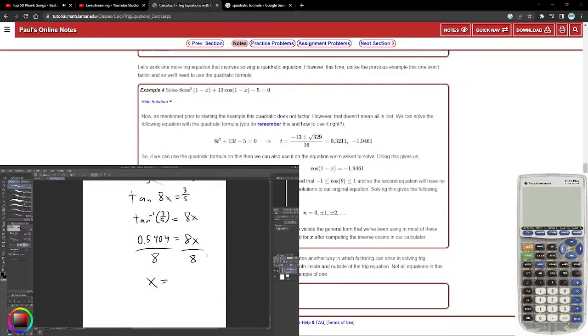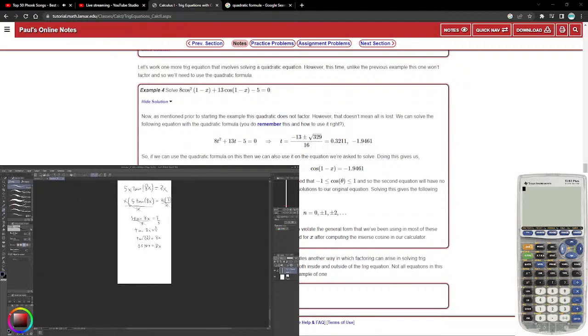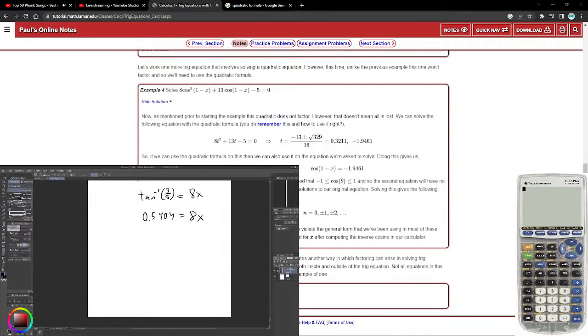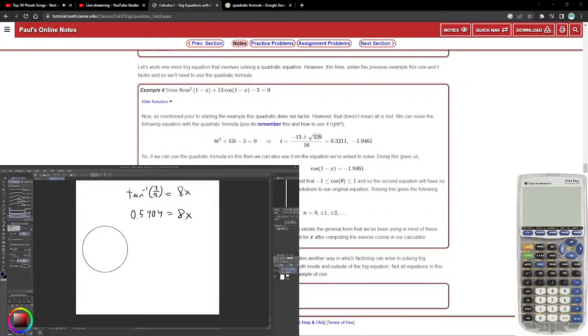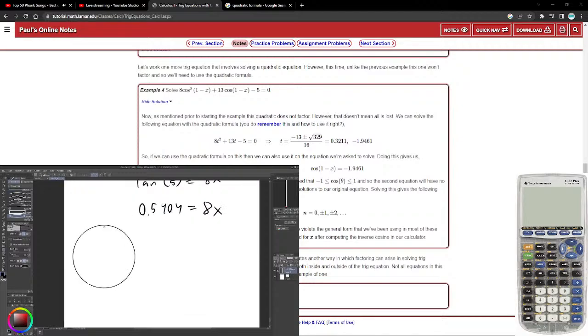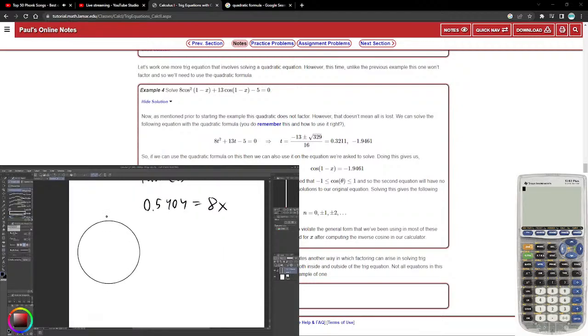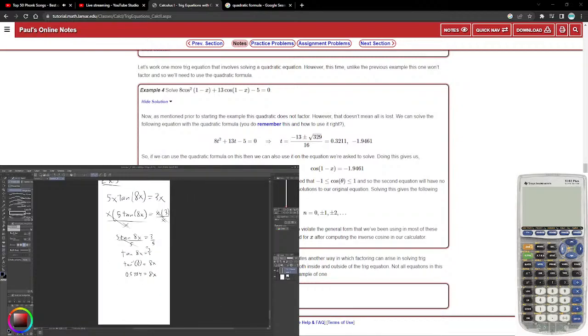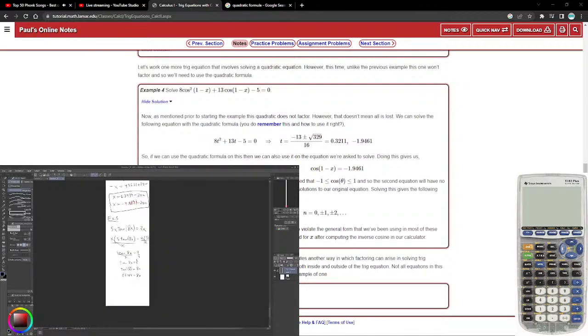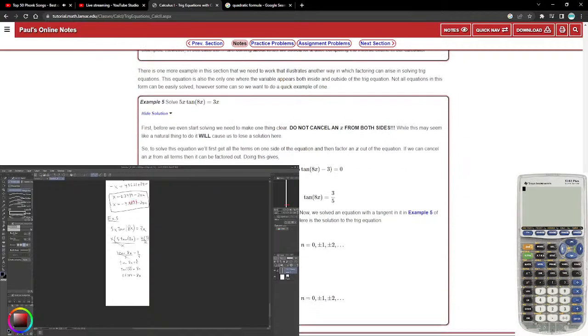Or wait, I don't want to do that. Let's see if I could stay on this page. Small unit circle. Oh wait, I want to make sure I did this part right, because I don't want to go crazy without knowing if I'm right at this point.